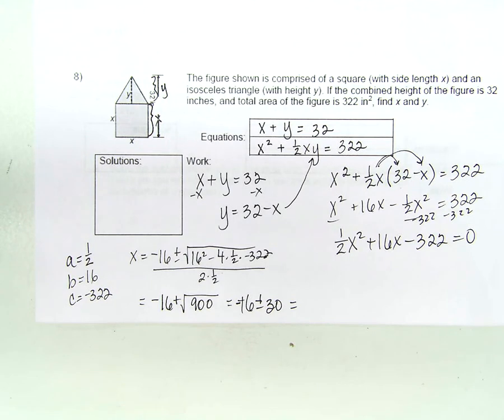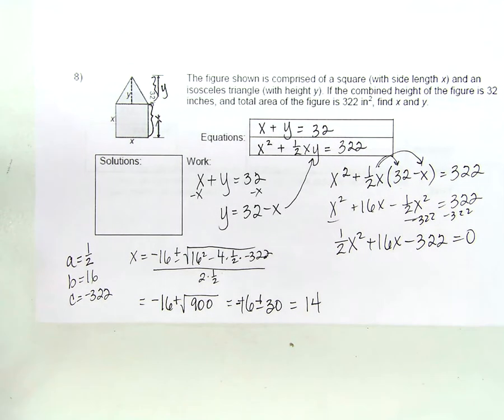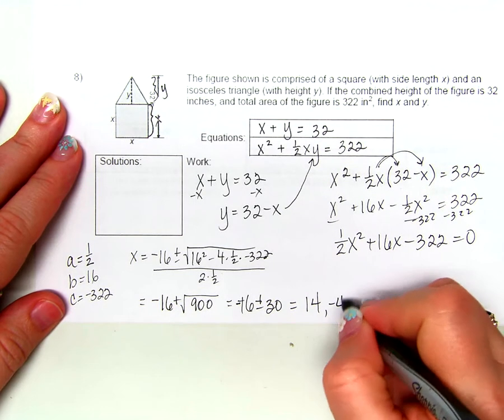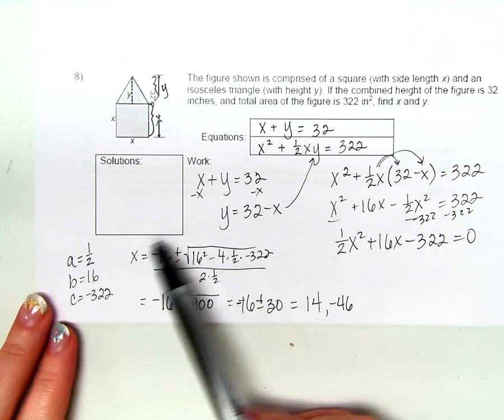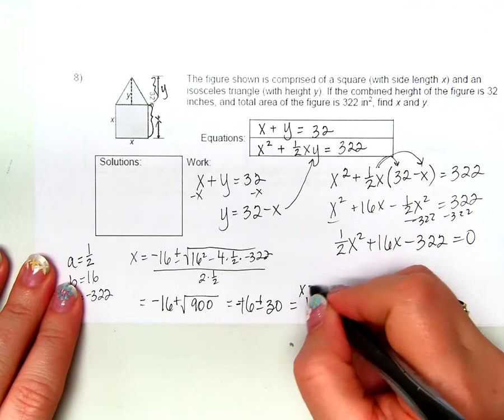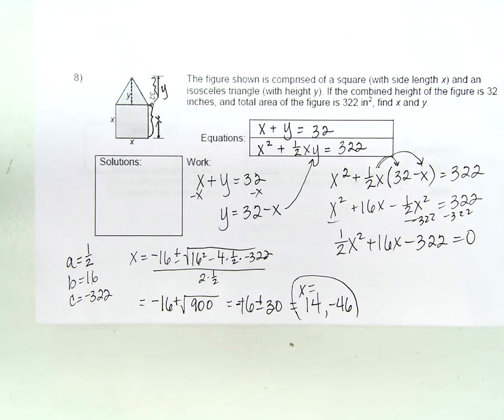It's 14. What's negative 16 minus 30? Negative 46. So all of that solved was x, right? So x equals 14 and x equals negative 46.